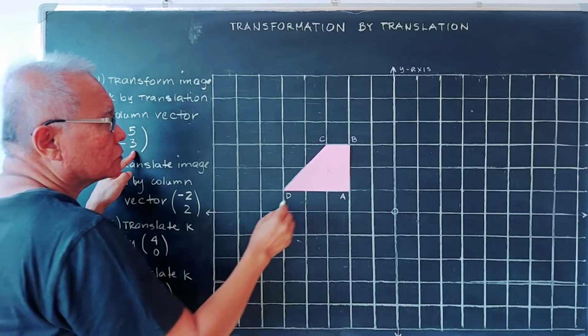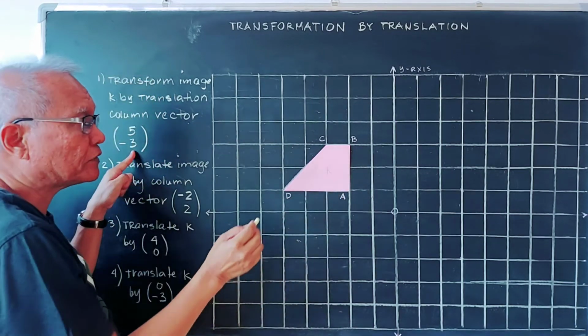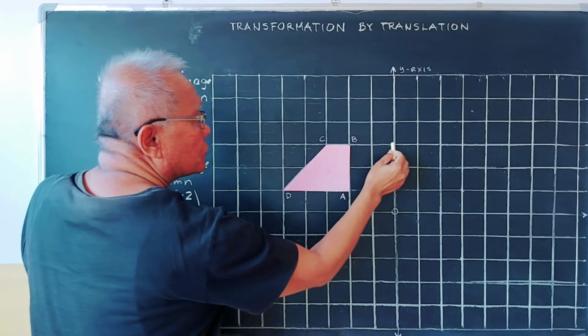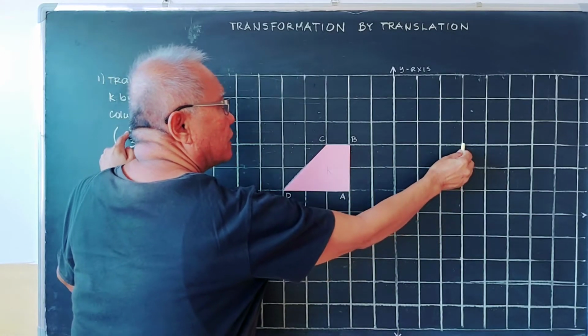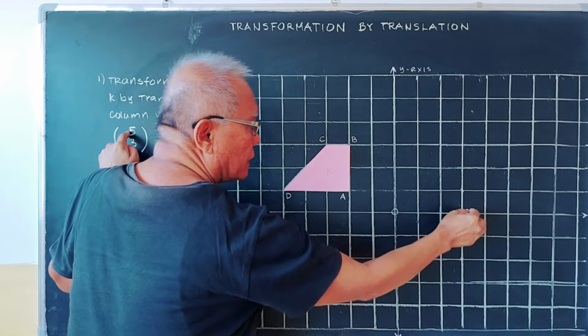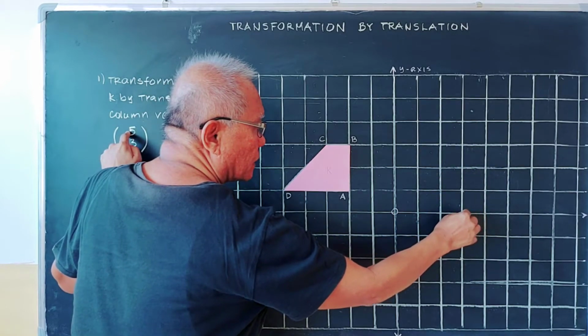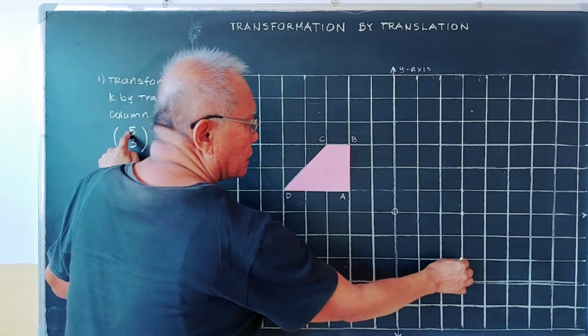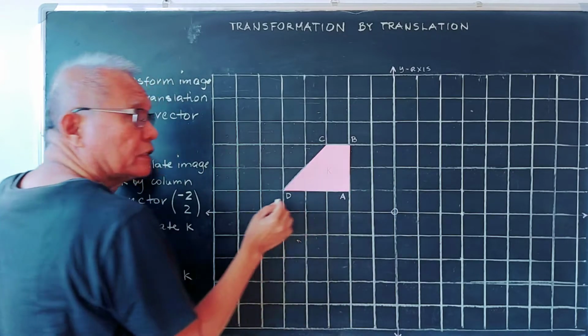Okay, what about letter B? So letter B, we use again the 5. So we have 1, 2, 3, 4, 5, and -3 down, 1, 2, and 3. So we are here. Okay, here. So A is here, B is here. Where's the C?